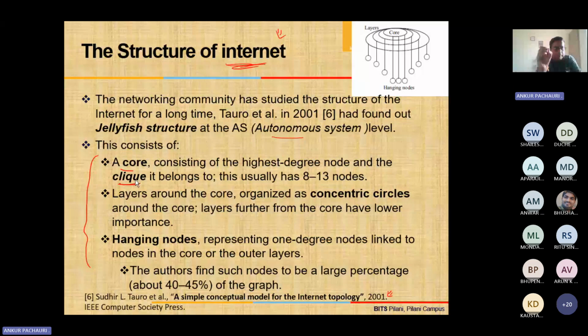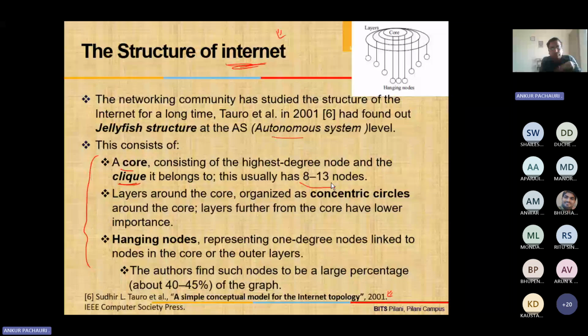But for a real-time graph which is very huge, it is impossible that you will find a complete graph. Then you'll have to have a relaxed version of a complete graph, which is a clique. So that was almost a clique, and those number of nodes were 8 to 13 only.